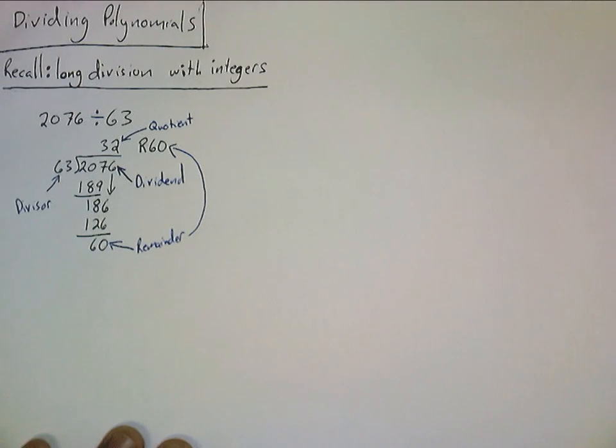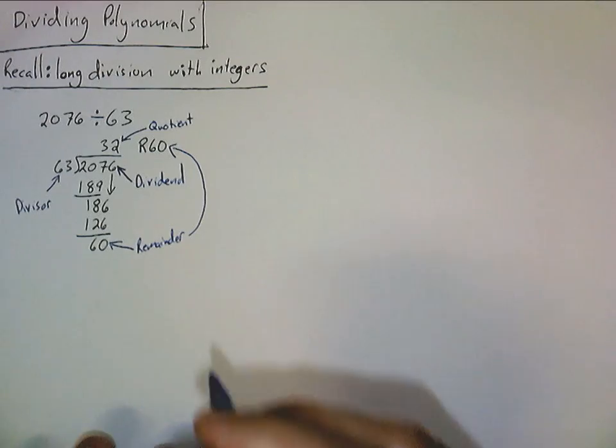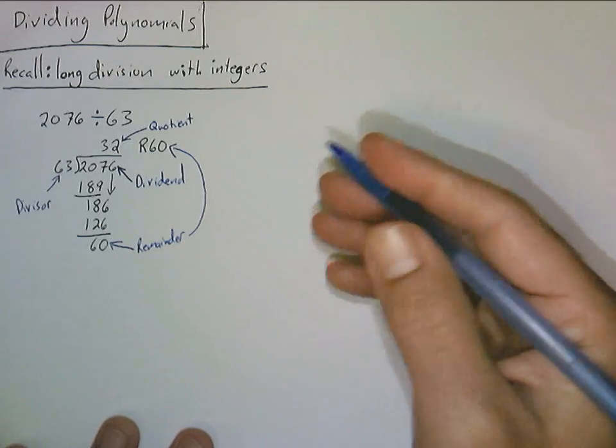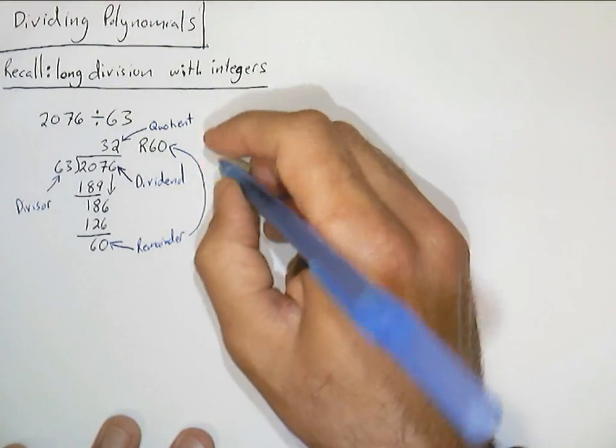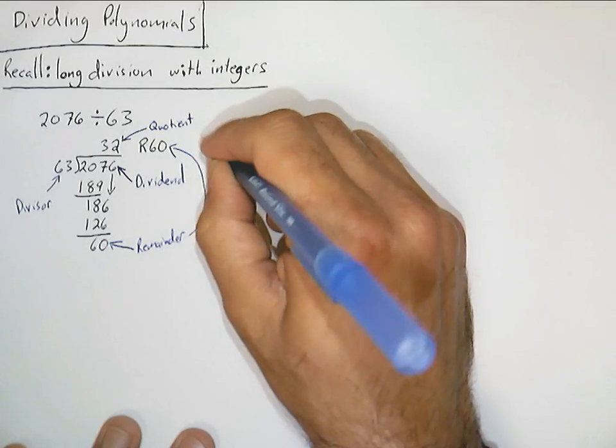And actually, this thing does have a special name. And it is called, well, this is one example of this special thing that is called a Euclidean algorithm.